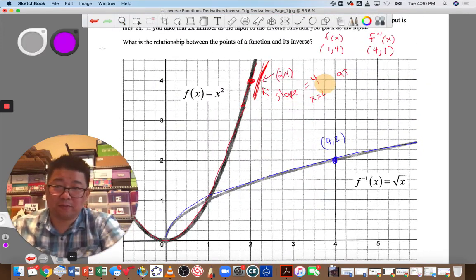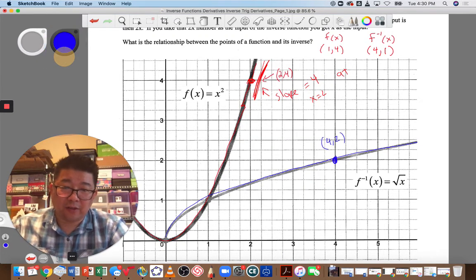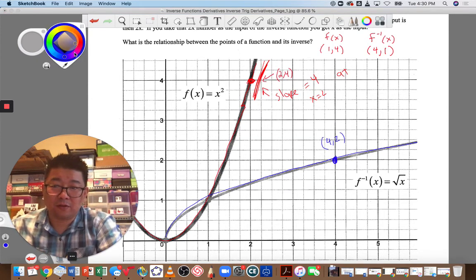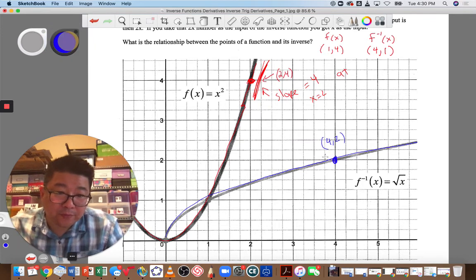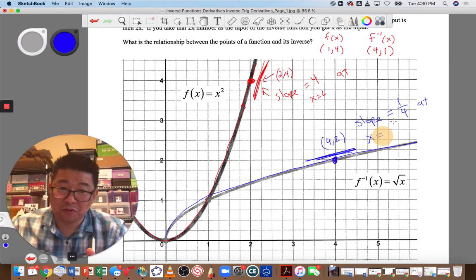So for example, over here, for the function at (2, 4), the slope is 4 at x equals 2. On the inverse function, the slope at this one point is going to be 1/4 at x equals not 2, but the x value of that related point.